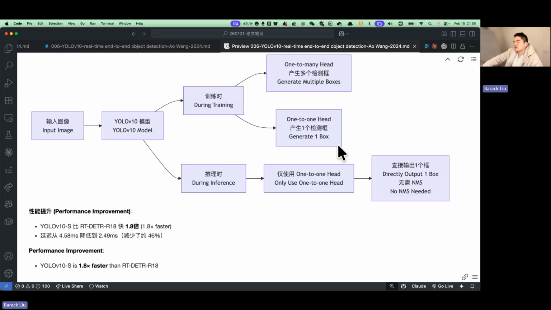For the one-to-one head, it generates one box. And during inference, only use the one-to-one head. Directly output one box. No NMS needed.